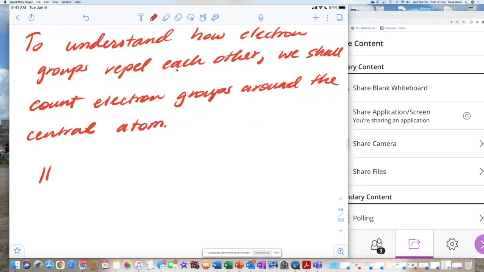And so here we're going to count. How to count electron groups.